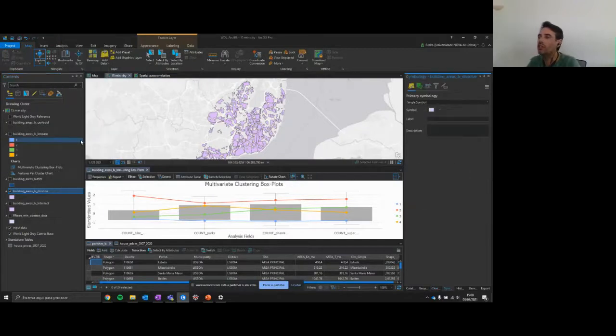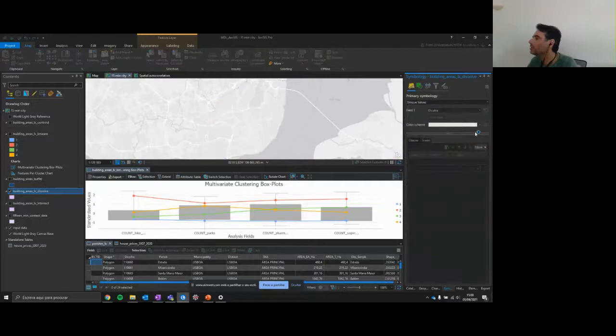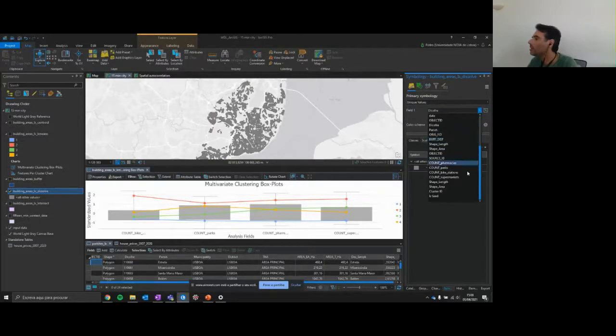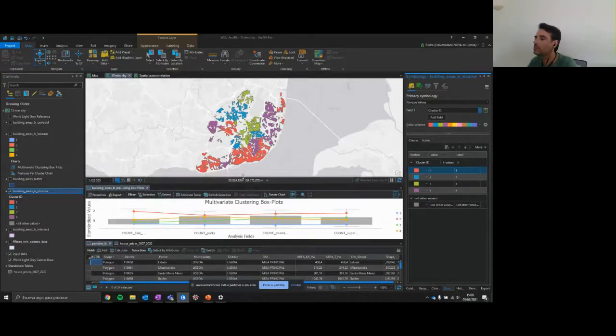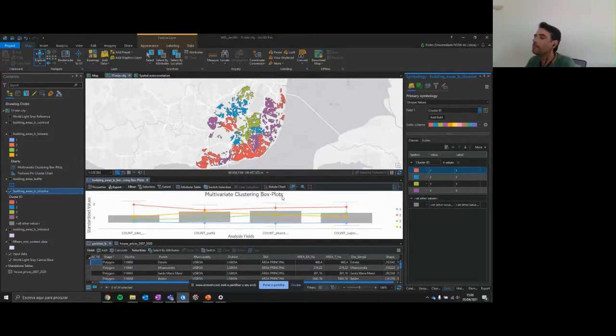I will change the symbology so you can have a better notion of this. So it's cluster 1, 2, 3, and 4, okay? And now, as I said previously, cluster 2 presented the highest values taking into account a 15-minute city, okay?